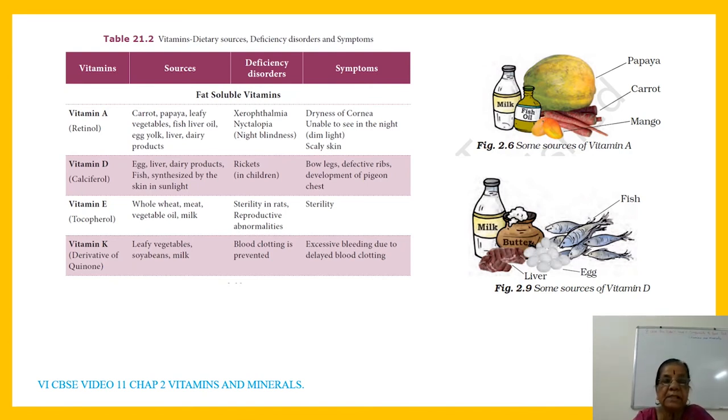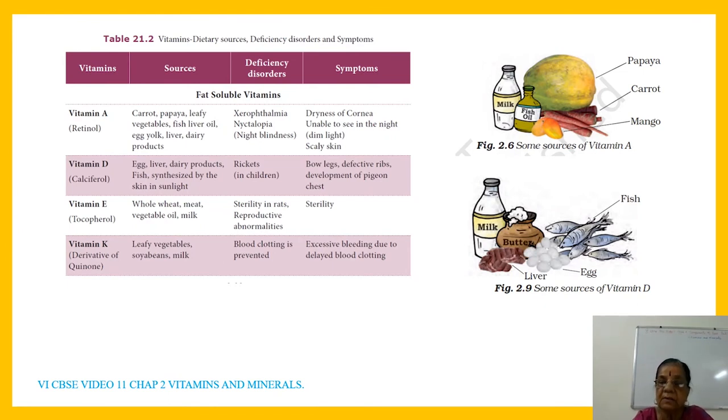Whereas vitamin E is also known as tocopherol. Sources: whole wheat, meat, vegetable oil and milk. And the deficiency disorder is sterility in rat, reproductive abnormalities.